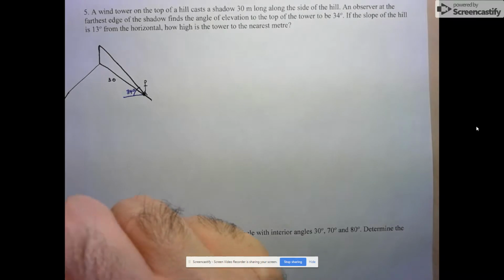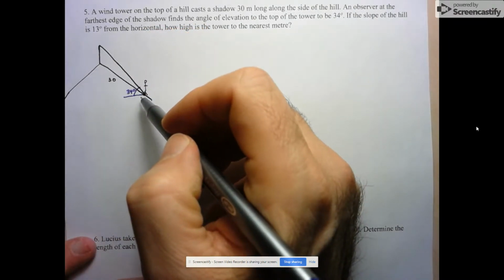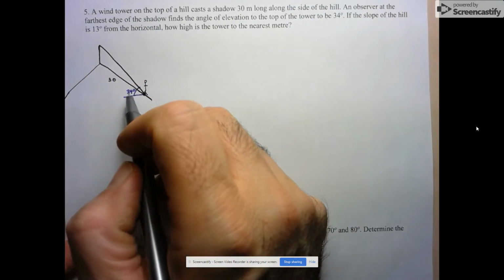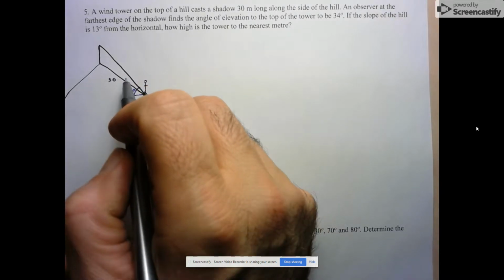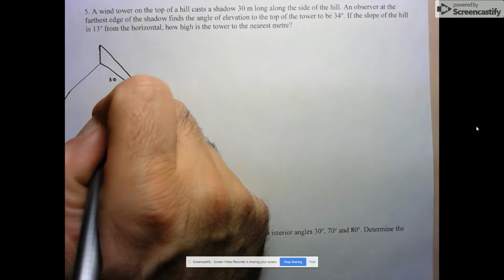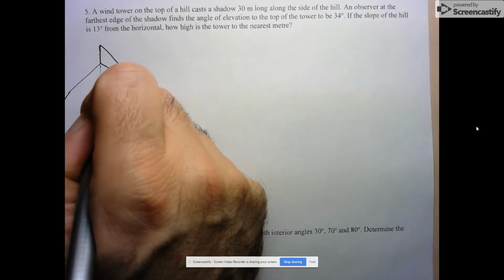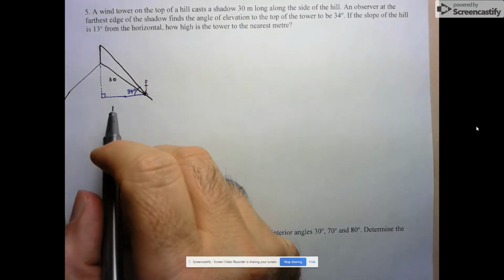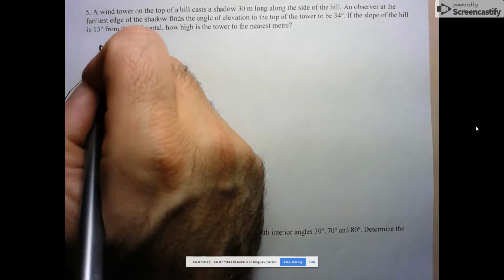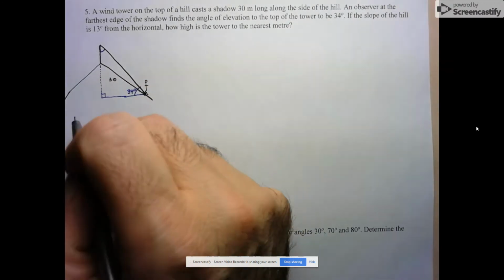Now, the problem is that it looks like we're going to want to work with this triangle here, because if we look a little further, it says how high is the tower, and this angle is not part of this thin triangle created by the shadow. But here's a nice little trick. If I continue going and I keep this line going all the way down, we see that I create a right angle triangle with this 34 degrees and this angle up here, which is inside the triangle I'm interested in.